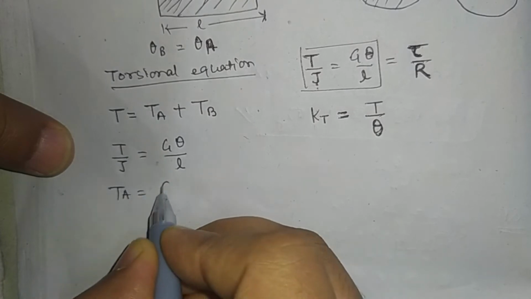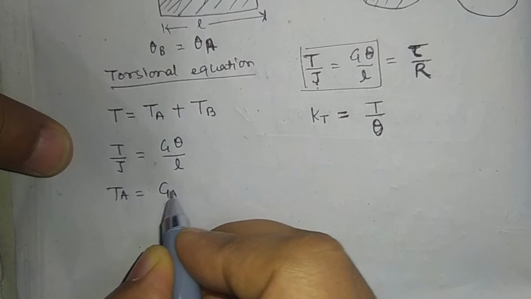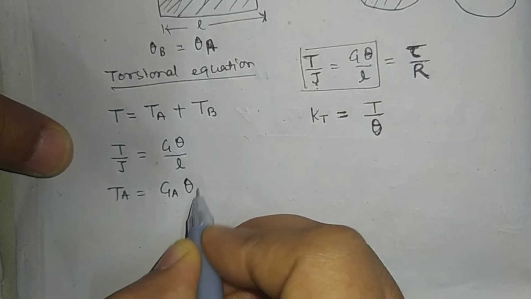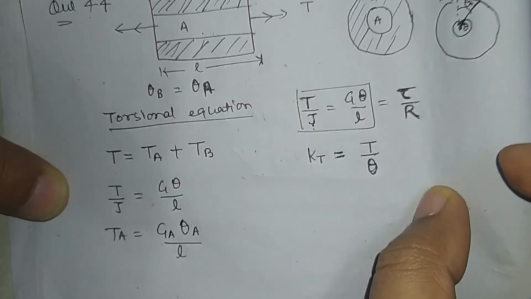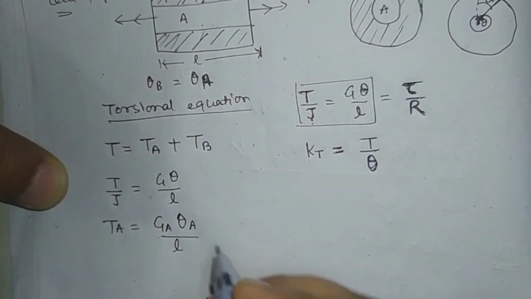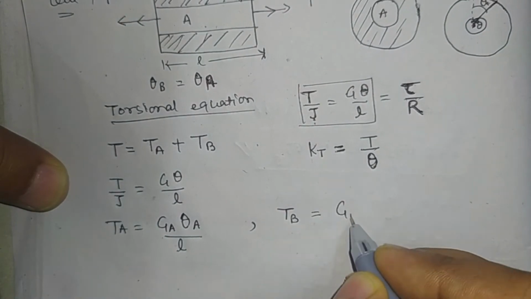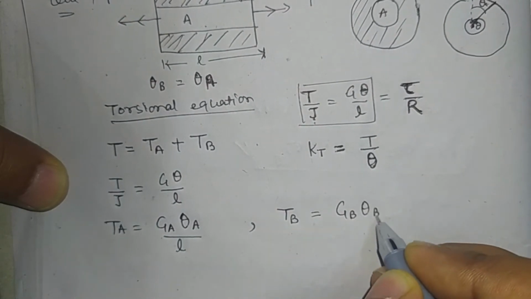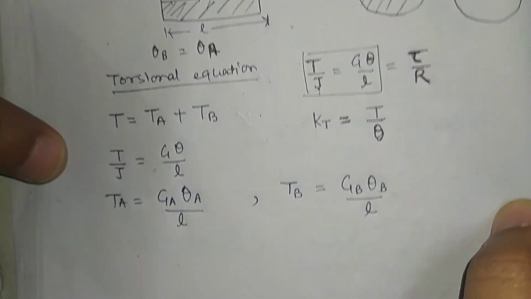TA will be G theta A upon L. If the material is different, then the shear modulus will be different. Length for both shafts is the same. Similarly, TB equals G theta B upon L, because length is the same for both shafts.